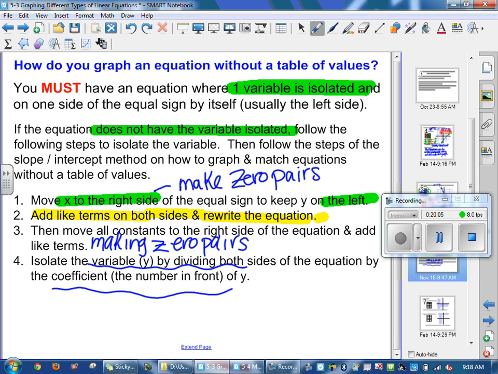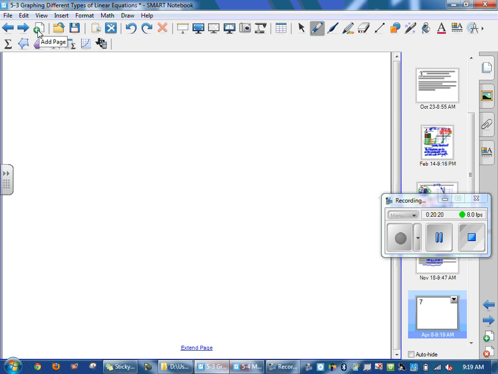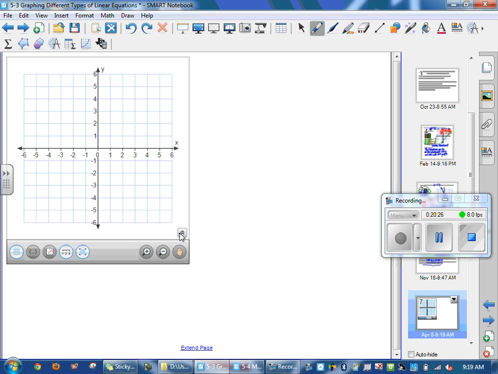So first of all, when we go to graph something now, if I have a graph on there, and it's telling me that I have an equation that says this: y equals 2x plus 1.